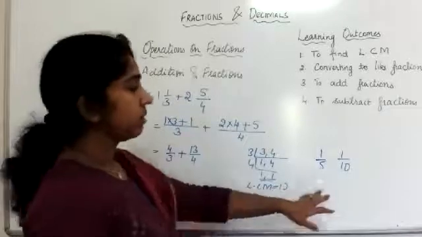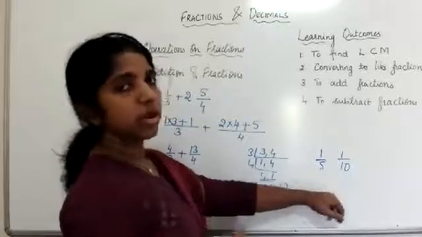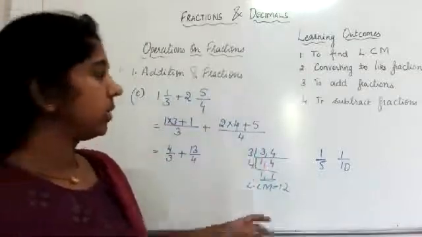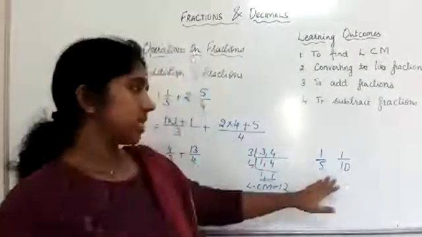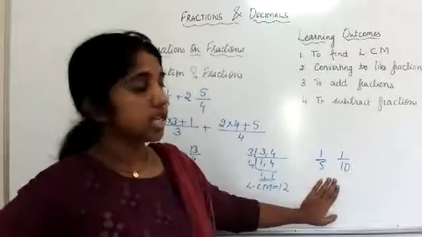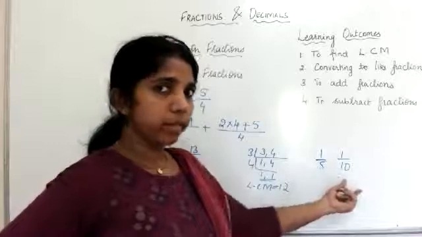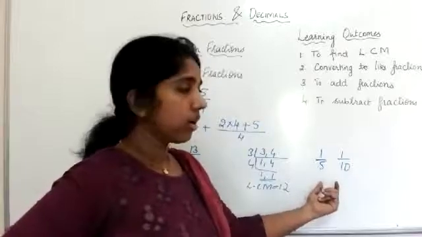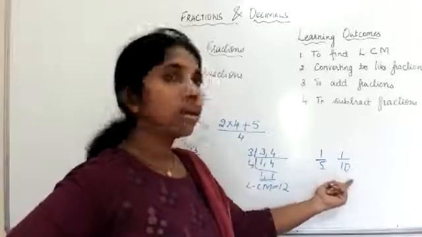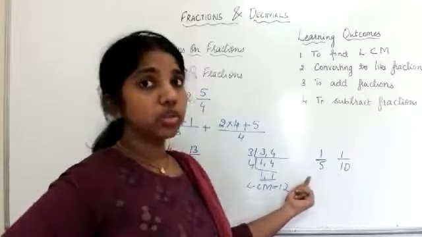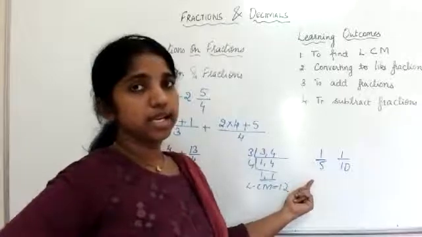Why? Because ma'am has said there is a prime number, so I have to write the product. No, I did not say it that way. 5 is a prime number. Once you get that prime number, don't directly multiply. You check what the factors of 10 are. Factors of 10 are 2, 5.